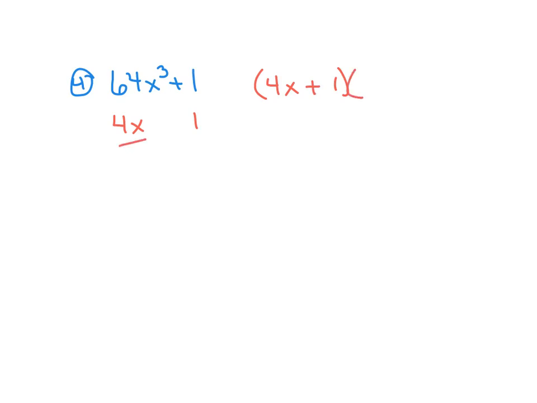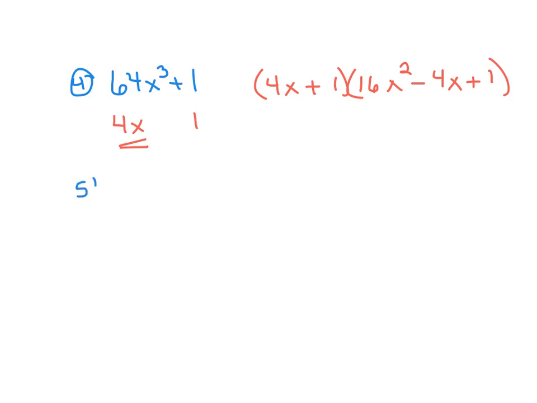Now you square the first term, so 16x squared, opposite sign, multiply the two together, so 4x times 1, 4x, always positive, 1 times 1, 1, and done. So it's actually a pretty easy lesson. You just have to memorize the process.